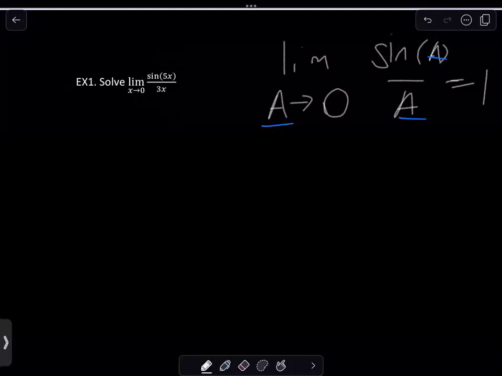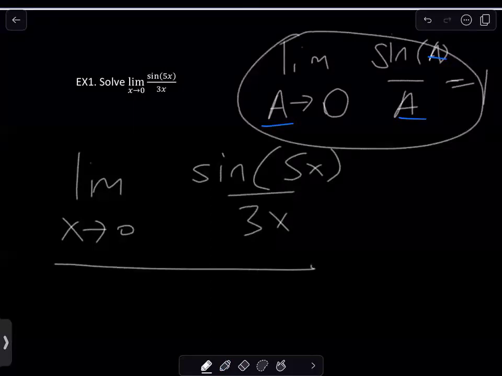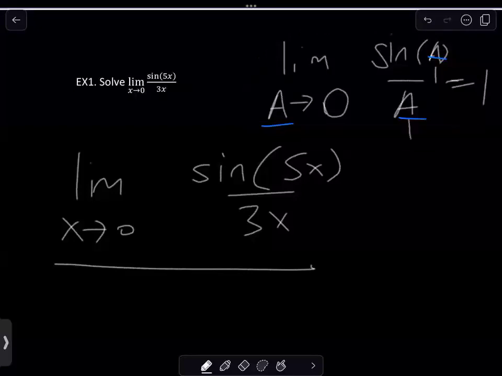So what we have is limit x approaches 0 of sine 5x over 3x. How are we going to try and manipulate this to get it into this form where these all match, and then that's going to be 1, right? How do we do that? So let's take a look. Look at the argument of sine, it's 5x. So what I need in the denominator is 5x as well.